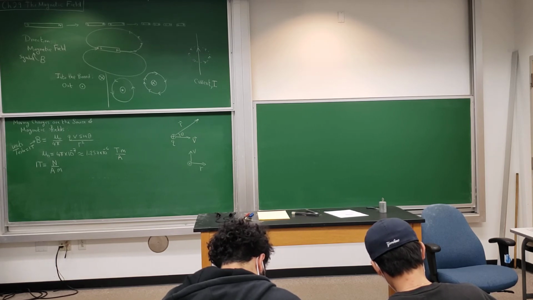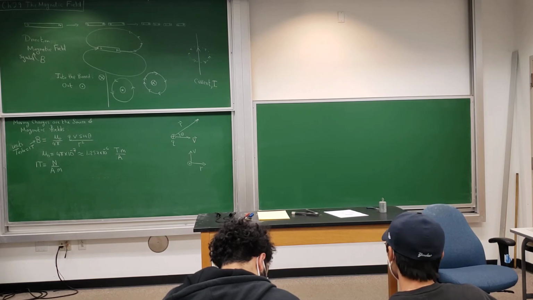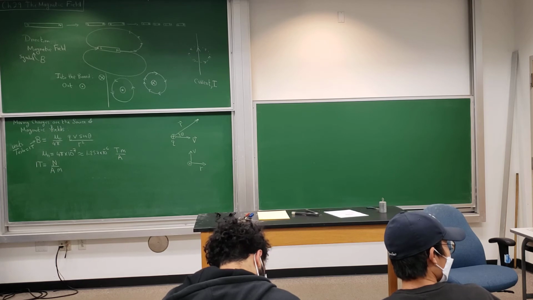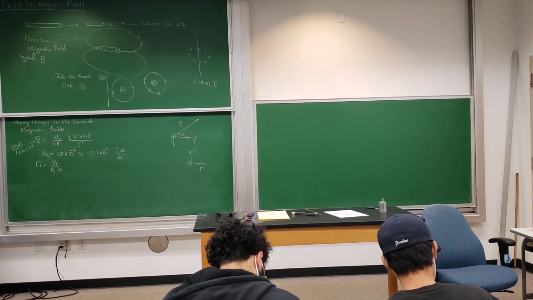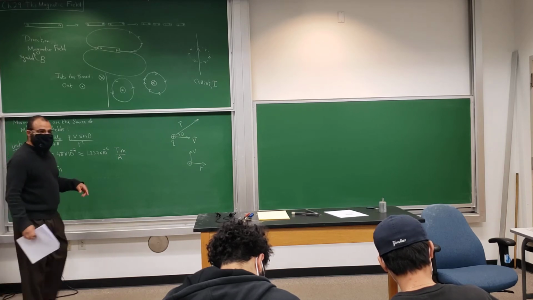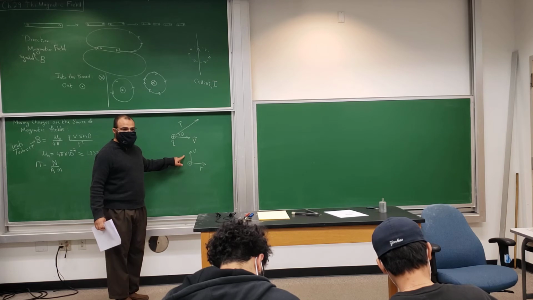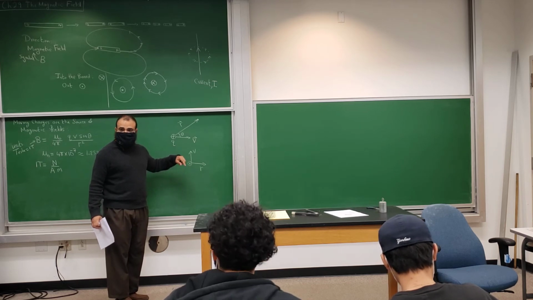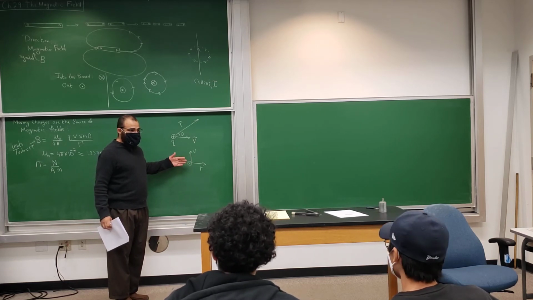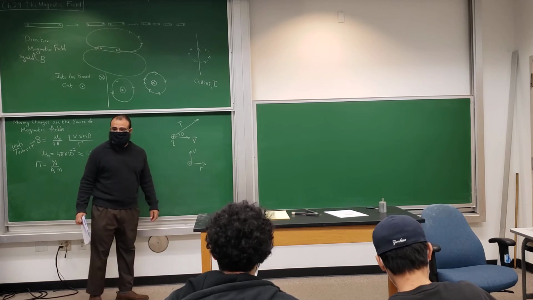It's easier to just use your right hand. The cross product basically gives us the vector that's orthogonal to R and V. When you take the cross product of two vectors, the vector that you get will be perpendicular to both vectors.